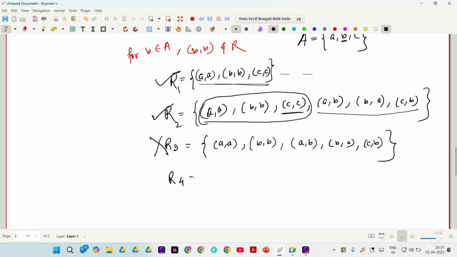This is also not a reflexive relation: (a, b), (a, a), and (b, b). This is also not a reflexive relation because (c, c) is not in R3, as c is an element of set A, but (c, c) is not an element of R3 or R4. That is why R3 and R4 are not reflexive relations.